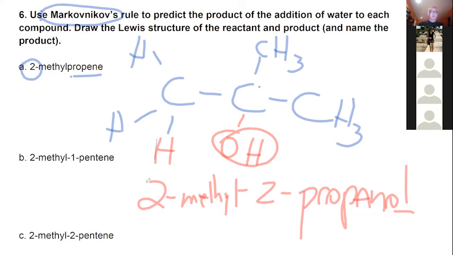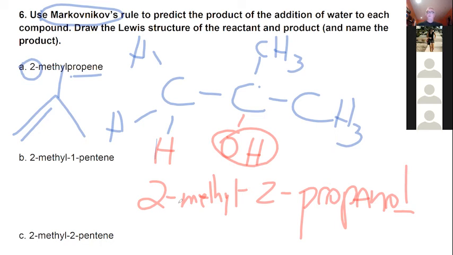So let's look at the skeletal structures for these. Propene is just 1, 2, 3 with a double bond there, and 2-methyl, that's it.